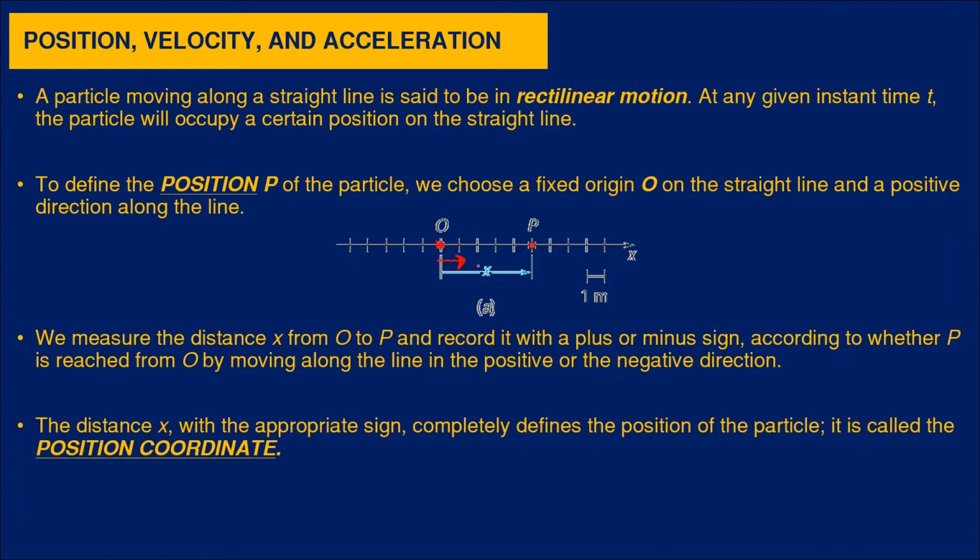Alright, so we measure the distance x from O to P and record it with a plus or minus sign according to whether P is reached from O by moving along the line in the positive direction to the right or the negative direction to the left. Now the distance x, with the appropriate sign, completely defines the position of the particle. It is called the position coordinate.